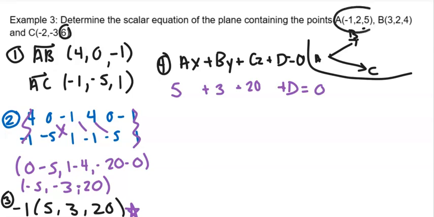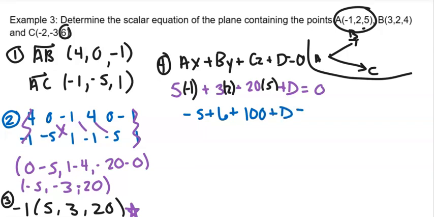It doesn't really matter, but I like to use A because visually I have thought about how A goes to B and A goes to C. You can also take a minute and try this with the other points to prove that it doesn't matter which point you use. So we've got -5 plus 6 plus 100 plus D equals 0. That must mean that D equals -101.